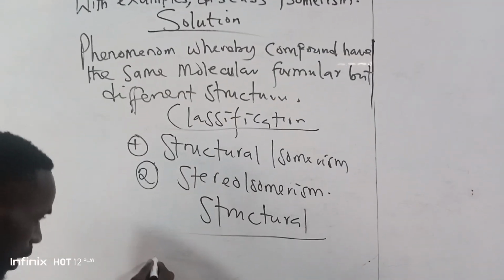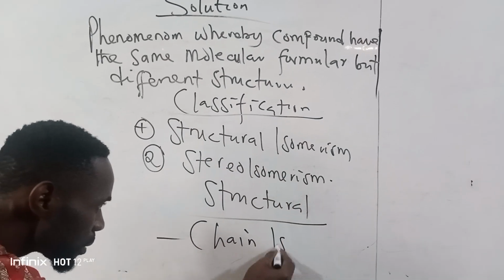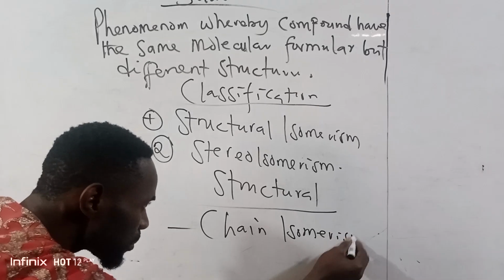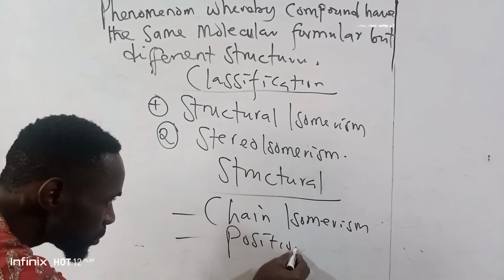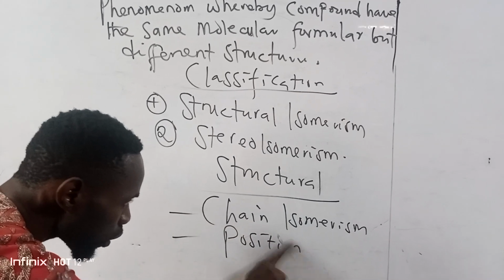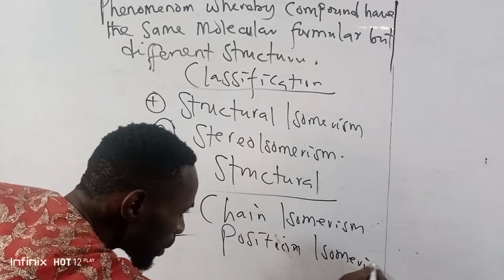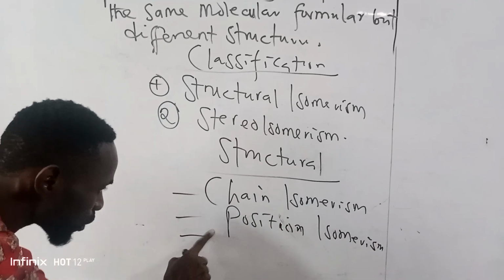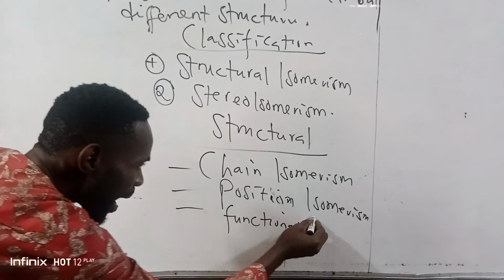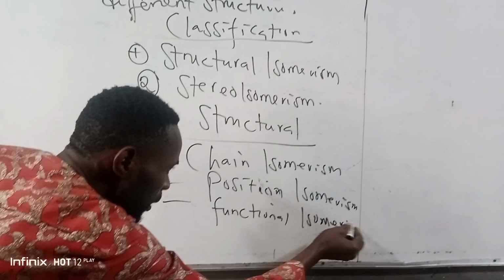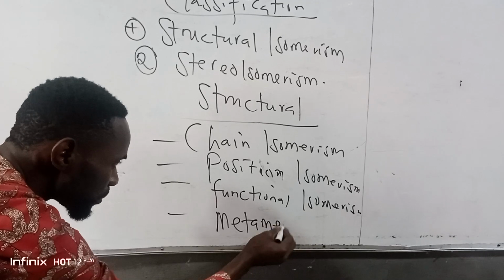Structural isomerism is further divided into: one, chain isomerism; two, position isomerism; three, functional isomerism; and finally, metamerism.